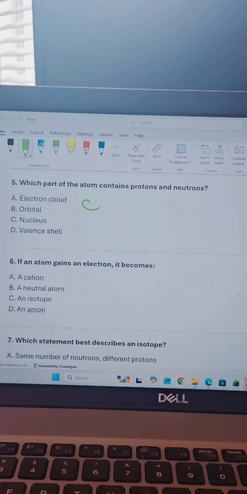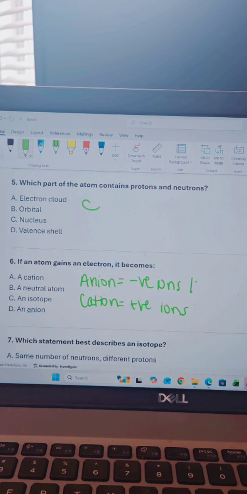Number 6. If an atom gains an electron, it becomes a cation, a neutral atom, an isotope, or an anion. So I'm going to give you all the definitions in case you forgot. Anions are negative ions, and cations are positive ions.